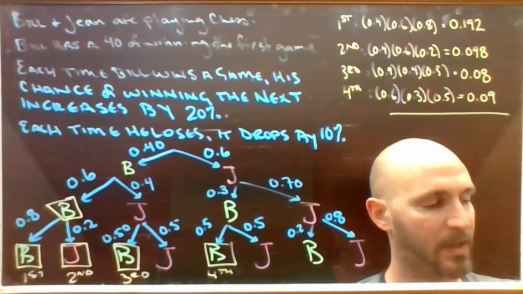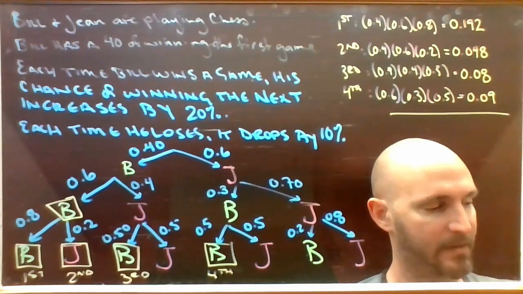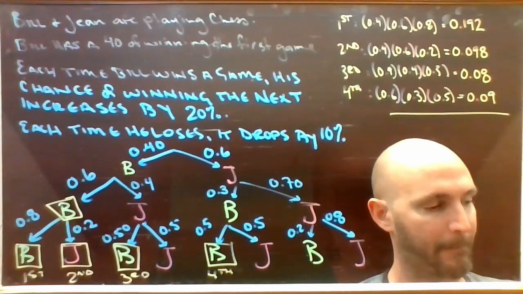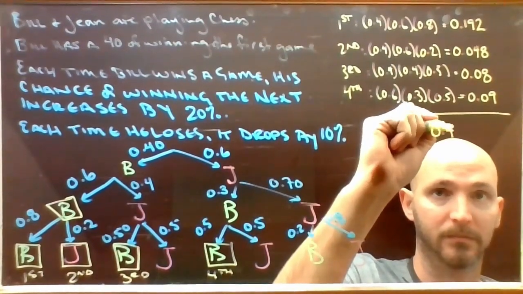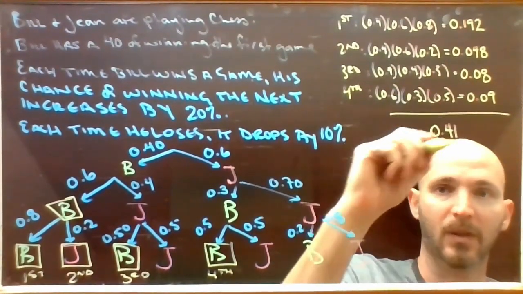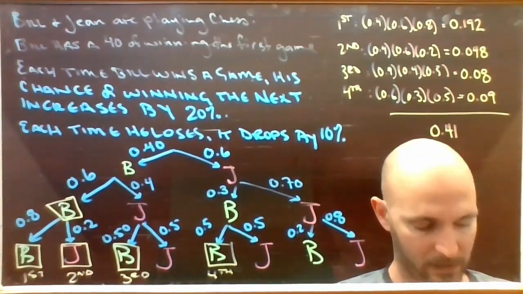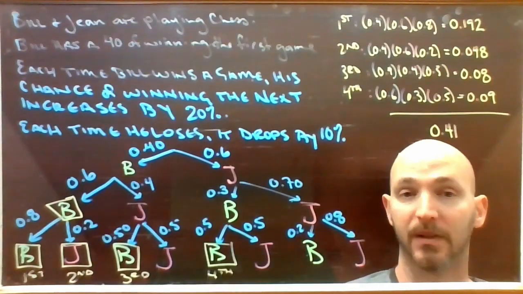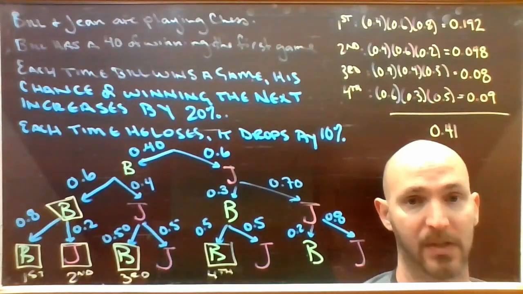So 0.192 plus 0.048 plus 0.08 plus 0.09 gives us 0.41, which is a 41% chance. Now, you notice that this is different from the 40% chance he had of winning the first game.